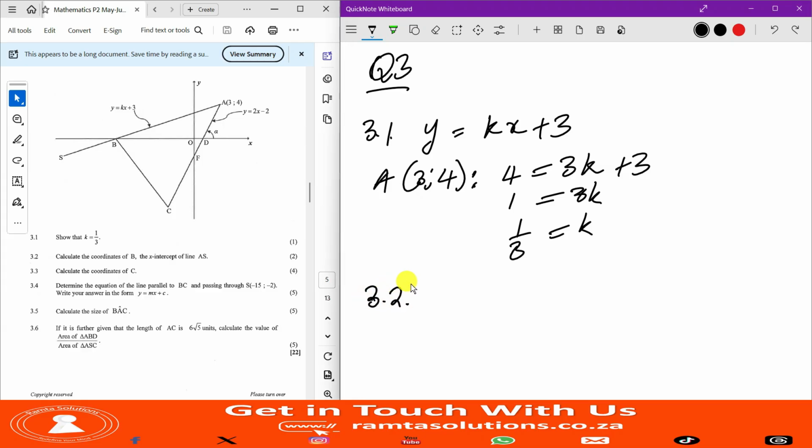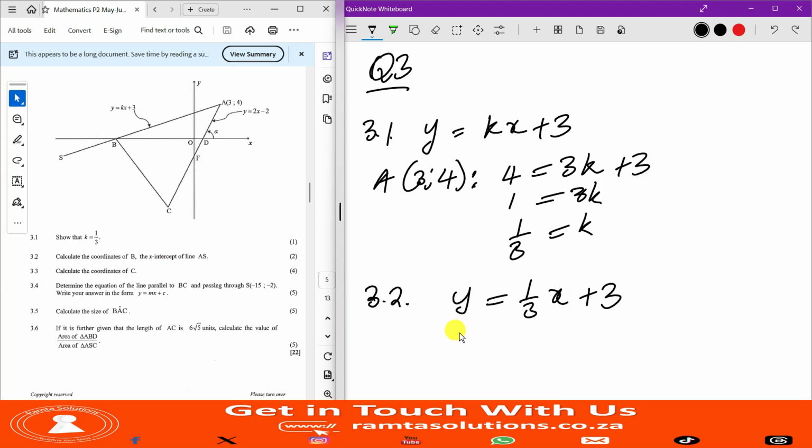3.2 says, calculate the coordinates of B, which is the x-intercept of the line AB. Remember, we now have the equation in full: y = 1/3 x + 3. How do we find the coordinates of B? Because it is an x-intercept, where there's y, we put 0.